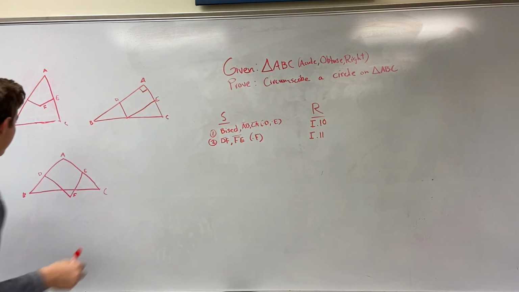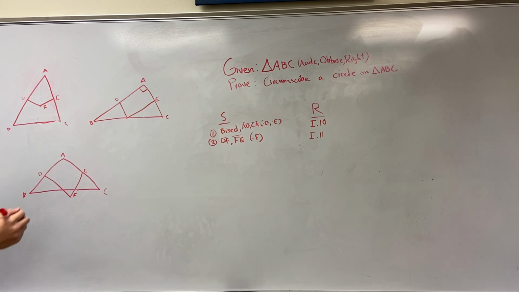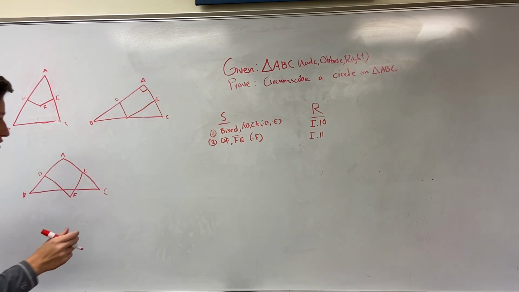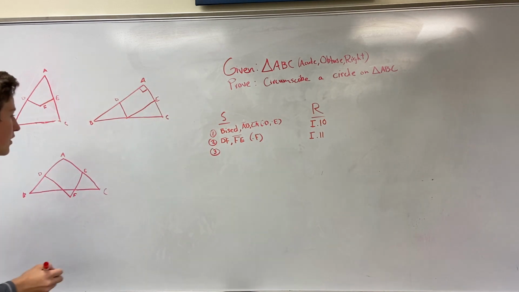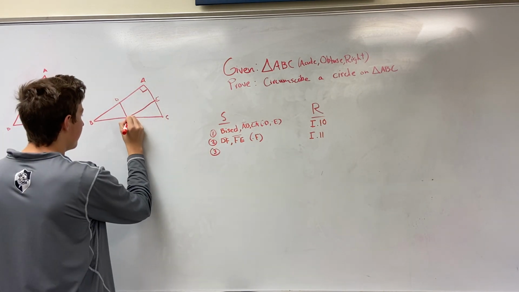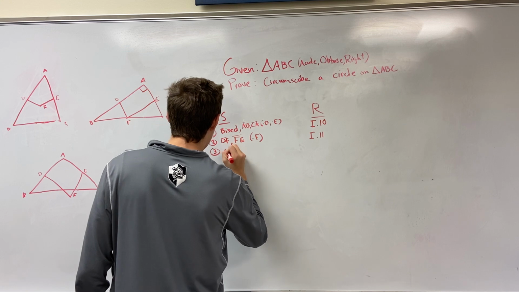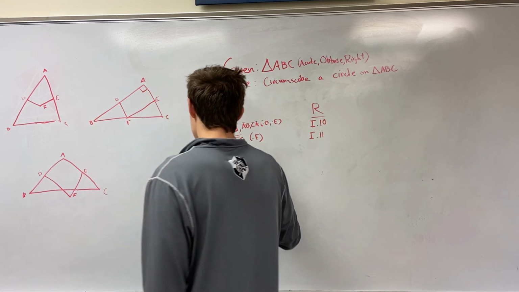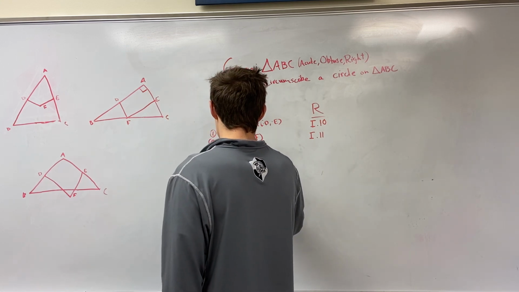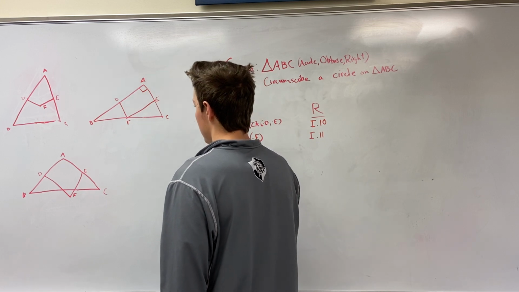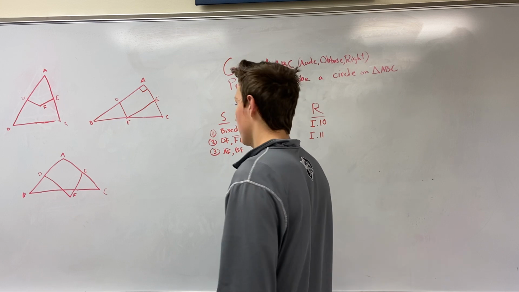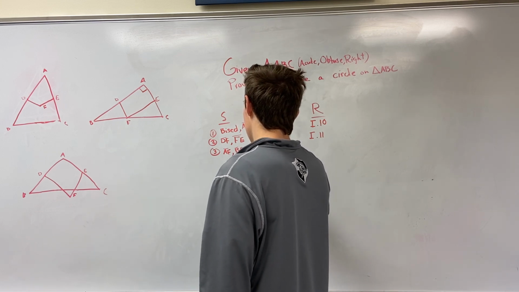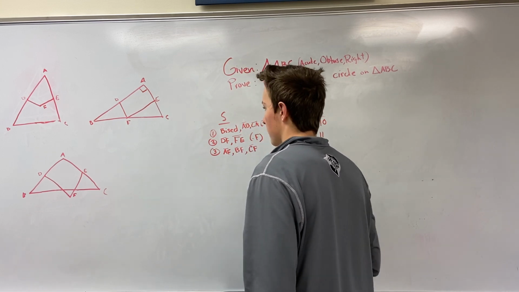Next, we're gonna connect a bunch of lines, so we're gonna do this all in one. We're gonna connect AF in all of them, BF, which will connect in some of them, and CF, which will connect in some of them.